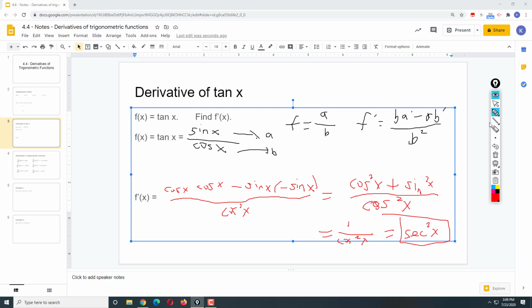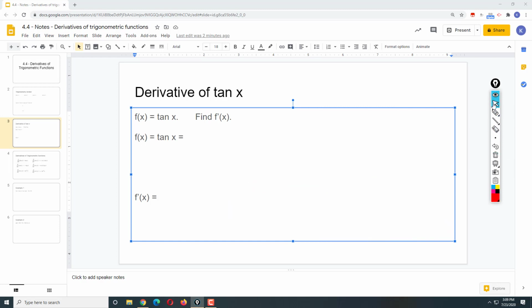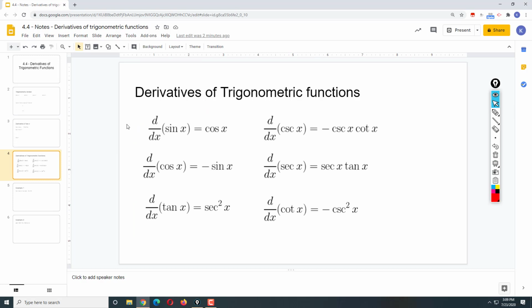In your homework assignment, you will have to do something similar: apply the quotient rule to prove the derivative of cotangent x. So using this sort of process, we can figure out the derivative of all 6 trigonometric functions.